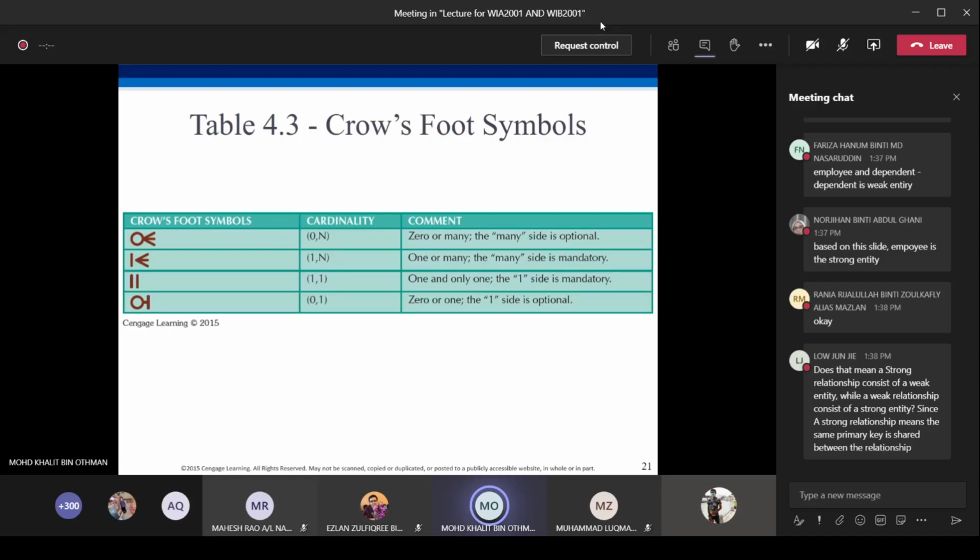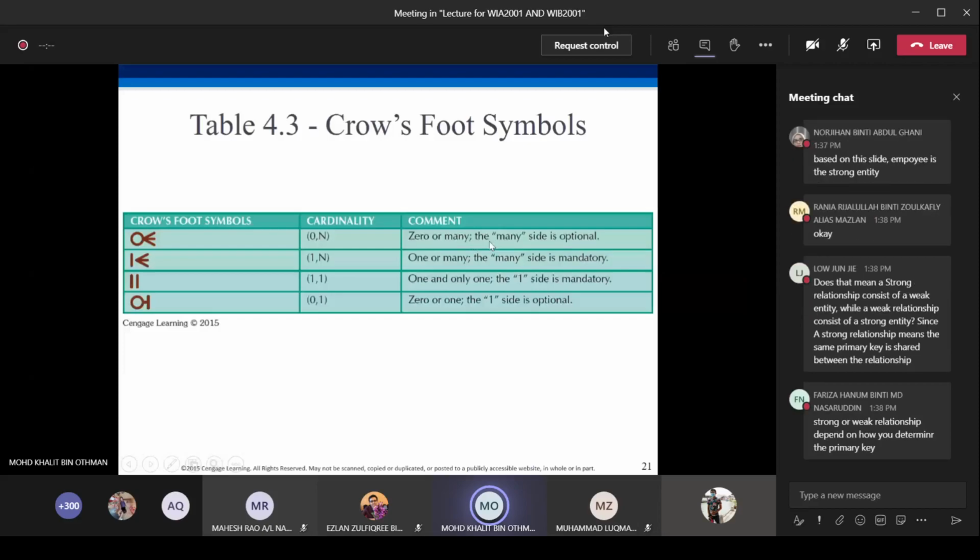The first symbol is for cardinality 0..N, which is 0 or many, where the many side is optional. The second symbol is for cardinality 1..N, which is 1 or many, where the many side is mandatory.